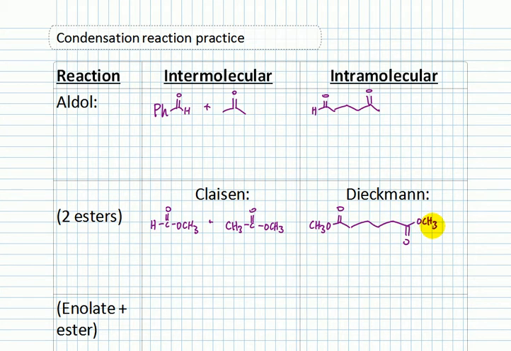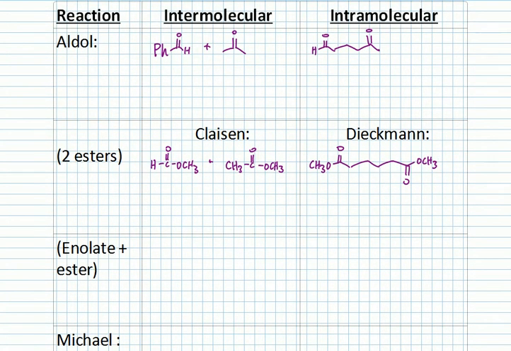So dimethyl hexanedioate will undergo an intramolecular Claisen reaction. So a Claisen-like reaction where we have just a regular enolate reacting with an ester could be something like cyclohexanone reacting with ethyl benzoate.